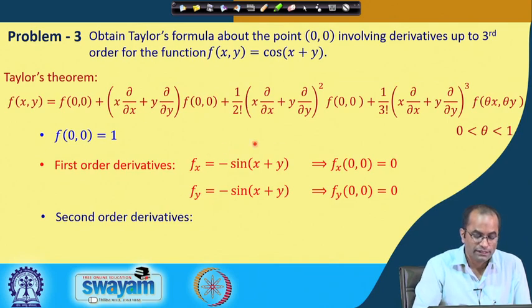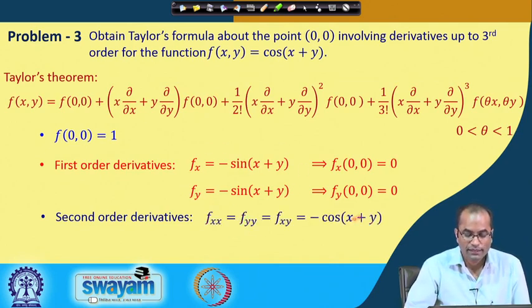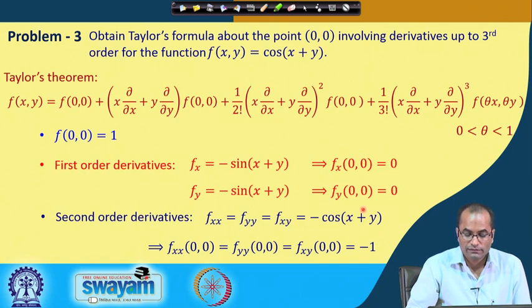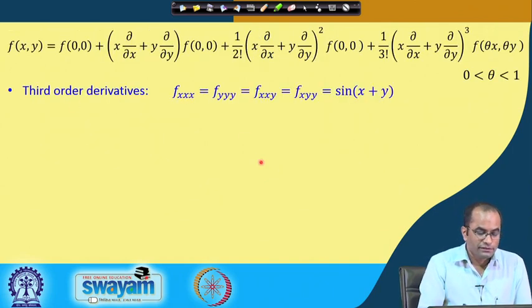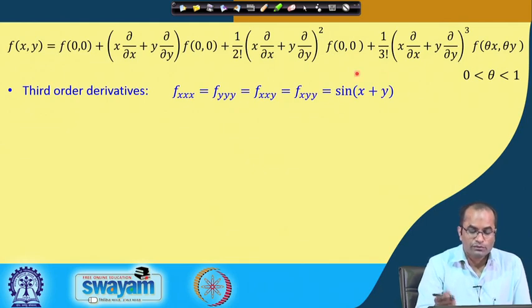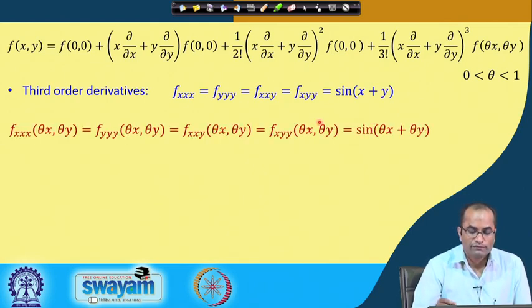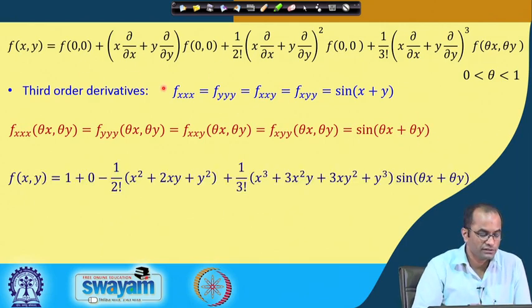Similarly, for the second order derivatives, the sin will become cos, and then we have minus cos(x + y), which we can evaluate at the point (0,0), and this will give us minus 1. For the third order derivatives, we will get back to sin(x + y), and for the third order derivative we need to compute at the point (θx, θy). So, it will become sin(θx + θy), and now we can substitute in this expansion.